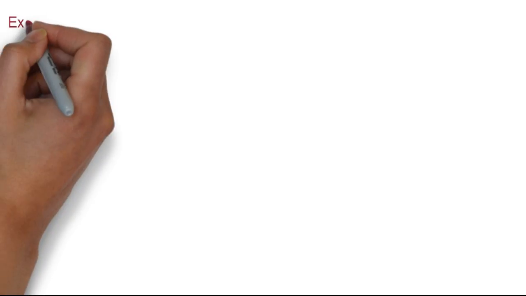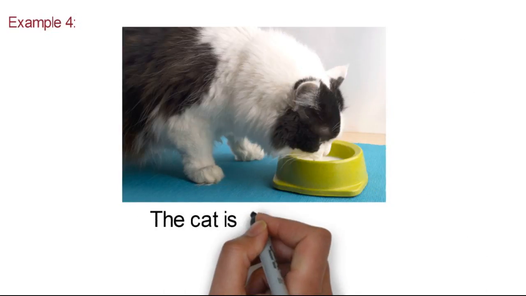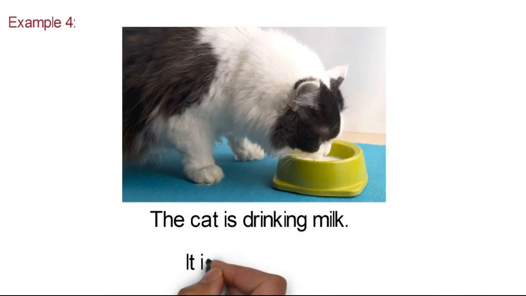Let's try one more. The cat is drinking milk. It isn't sleeping. Now, underline the subjects and highlight the verbs.